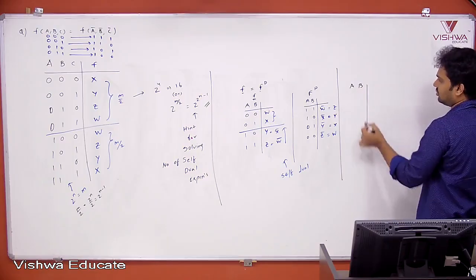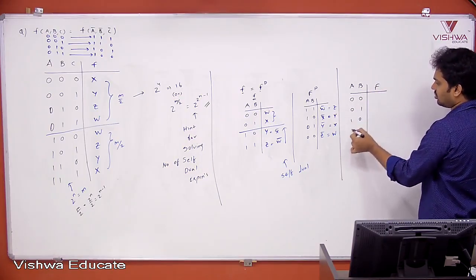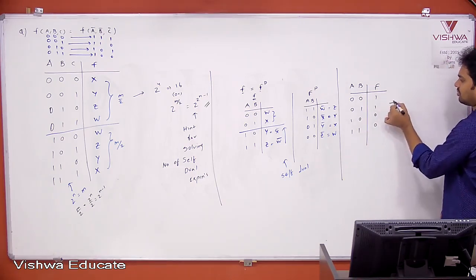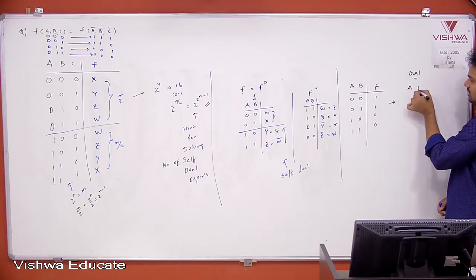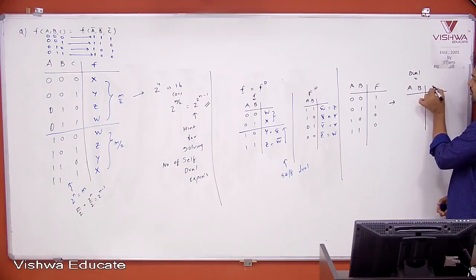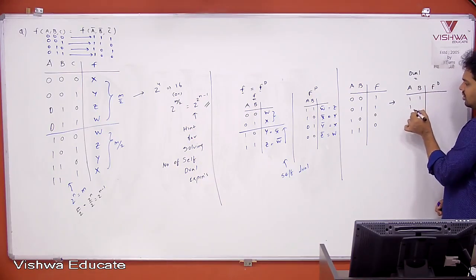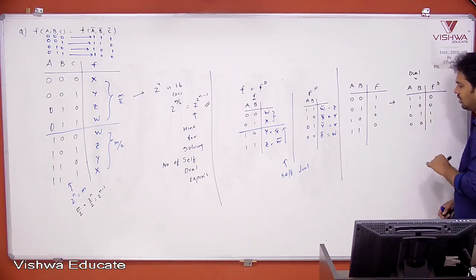AB is equal to F 0 0 0 1 1 0 1 1. Let me take this answer randomly. Whether it is self-dual or not, let me check it. Apply the duality property. What is the duality property? All zeros will be replaced with all ones, all ones will be replaced with zeros. Now let me check whether this function is self-dual or not.